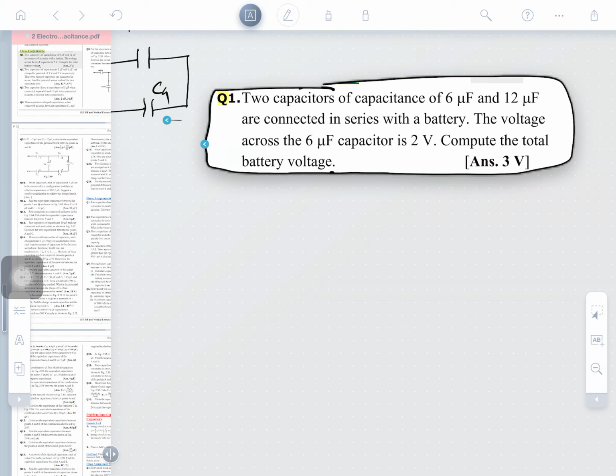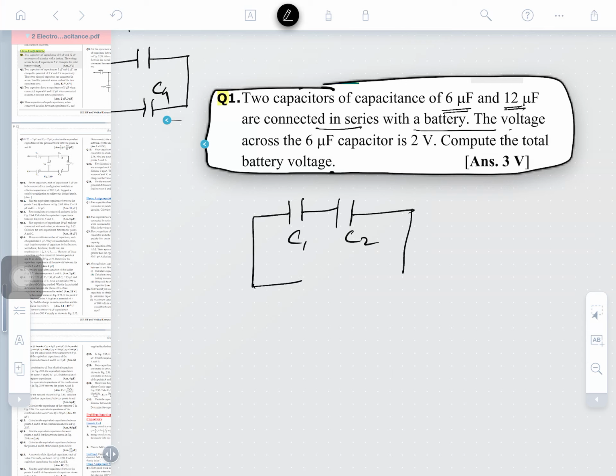Two capacitors of capacitance 6 microfarad and 12 microfarad are connected in series with a battery, like this. One capacitance is C1, in series with C2, and they are connected with a battery. There is a battery. What is the voltage here, connected with the battery?